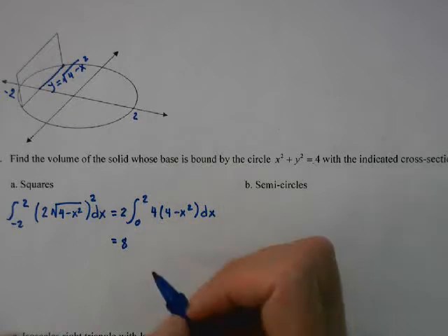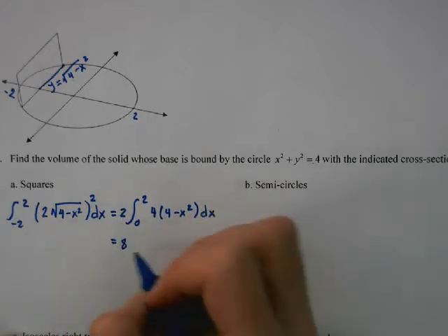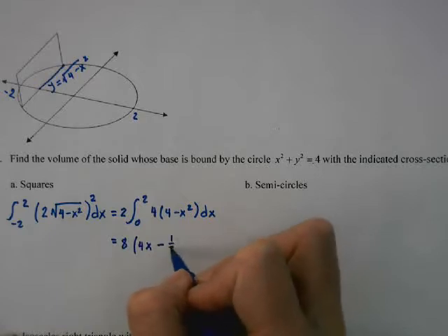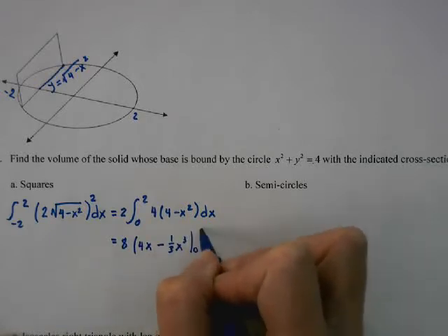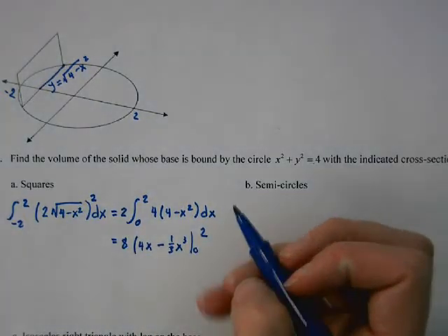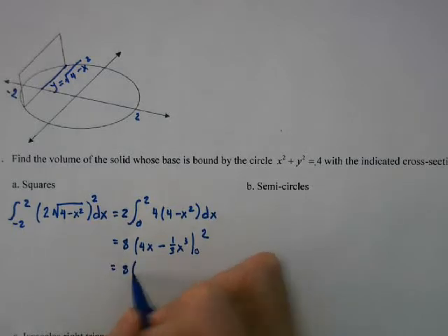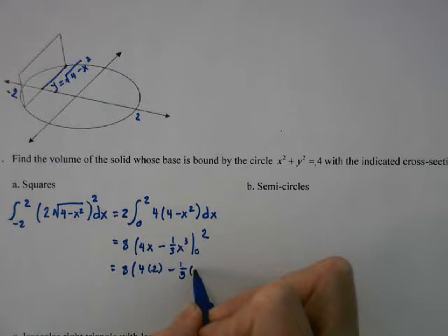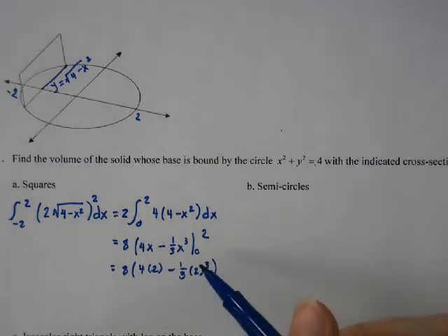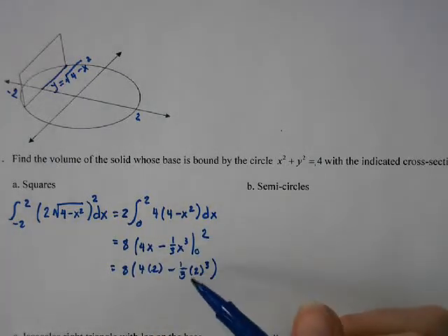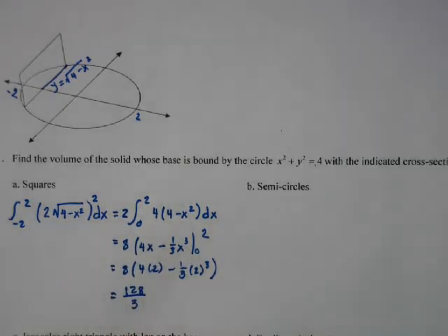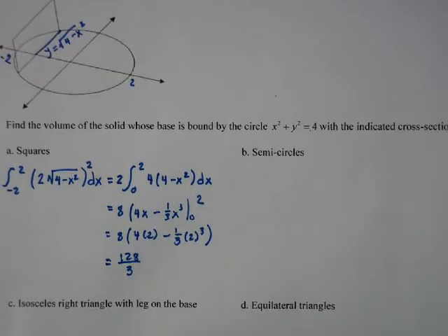Okay, so I can combine the 4 with the 2 and get 8, and then 4x minus 1/3 x cubed, evaluated from 0 to 2. Okay, so we're going to have 8 times (8 minus 8/3). You can just use your calculator to help you there. It is going to be 128/3 is the volume of that solid.